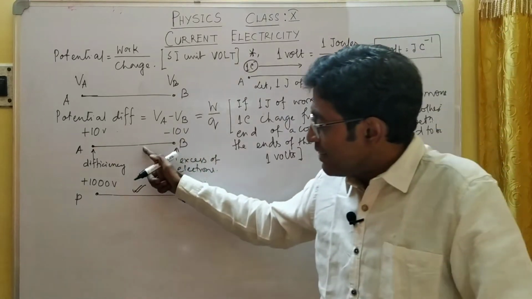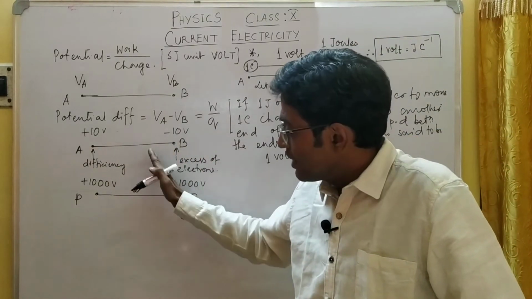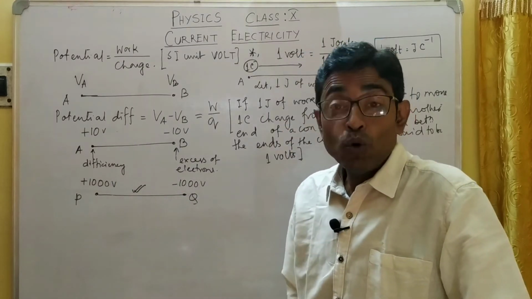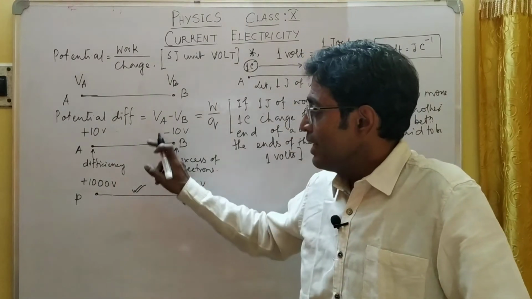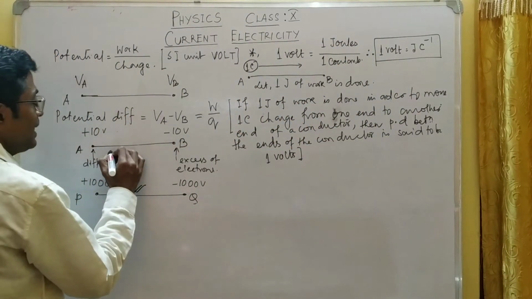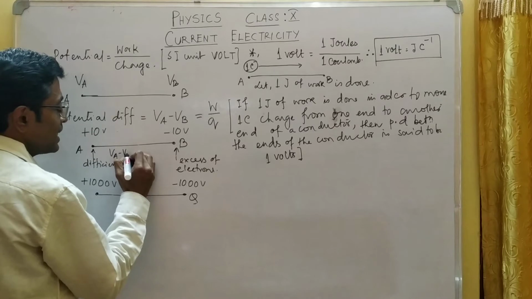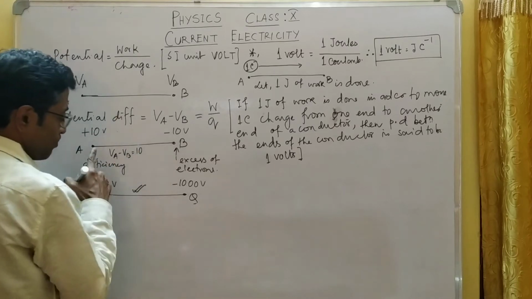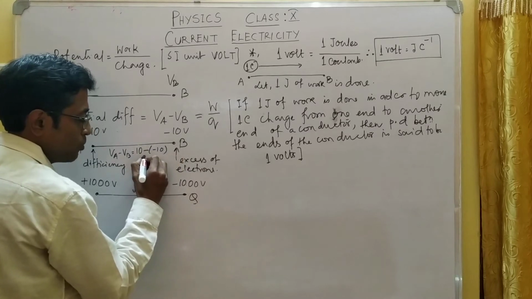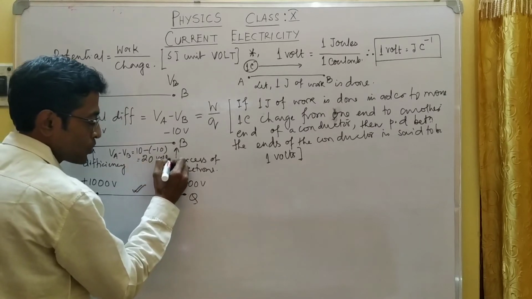Now what is the difference between the condition I have given in AB and PQ? PQ has more potential difference than AB. What is the potential difference in AB? I can write VA minus VB as 10 minus of minus 10. It becomes how much? 20 volts.